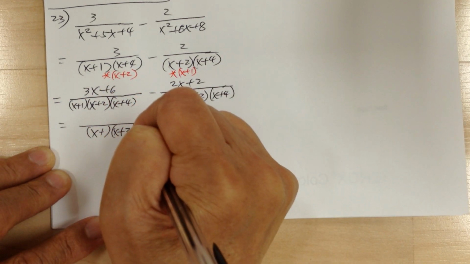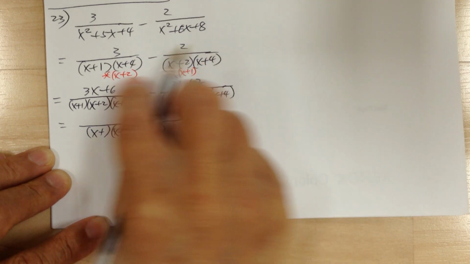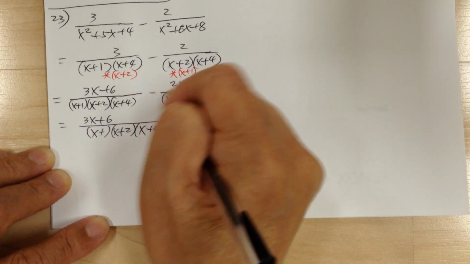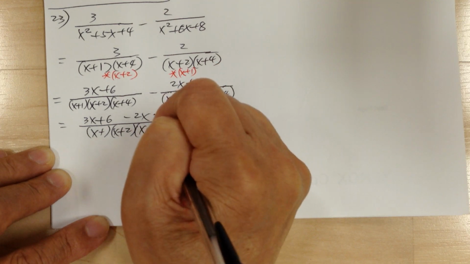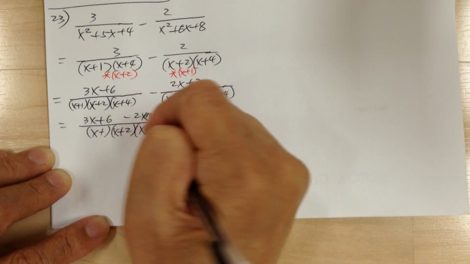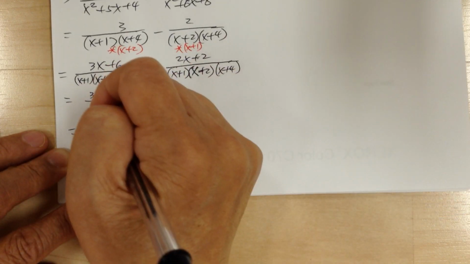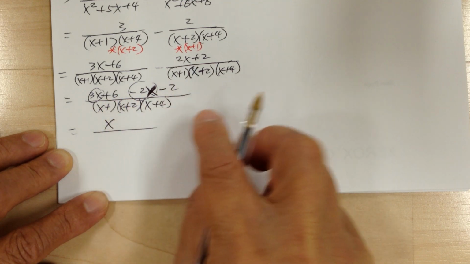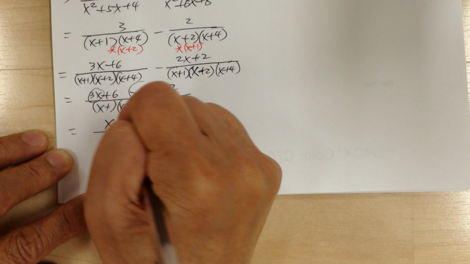Okay, so you get your LCD. Now, because it's a subtraction, you want to do one extra step. So you got 3x plus 6, right? This one you have to go minus 2x, and this times that will give you minus 2. So watch out for this sign right over here. So 3x minus 2x will give you 1x, and the plus 6 minus 2 will give you plus 4.